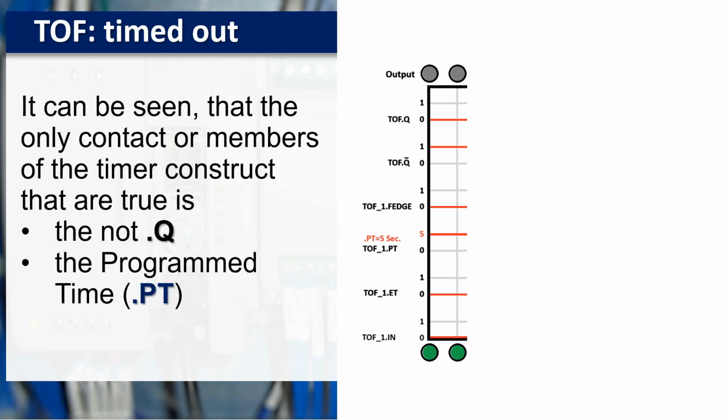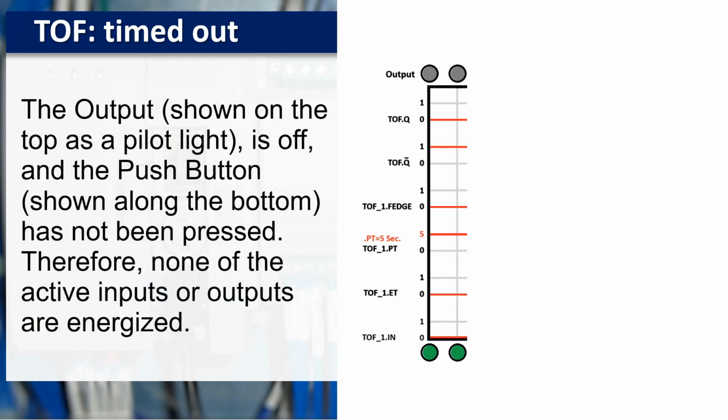It can be seen that the only contacts or members of the timer construct that are true in this shelf state is the not Q, or the Q not being energized, and the programmed time, which is set and static. The output, shown on the top as a pilot light, is off, and the push button, shown along the bottom, has not been pressed. Therefore, none of the active inputs or outputs are energized.